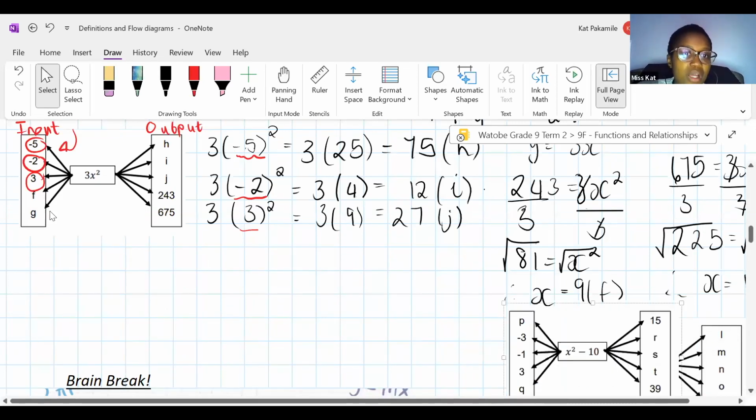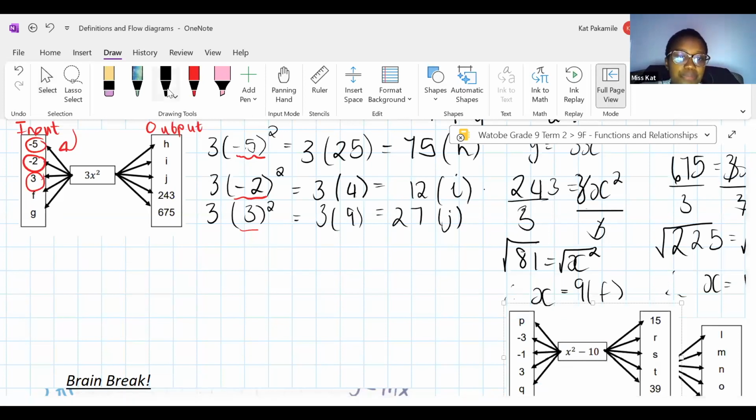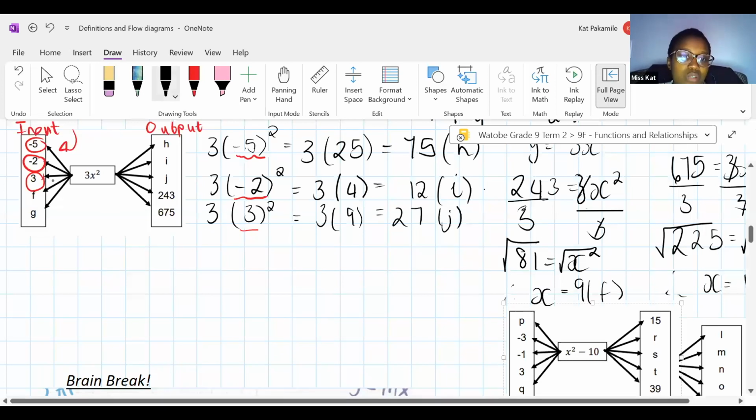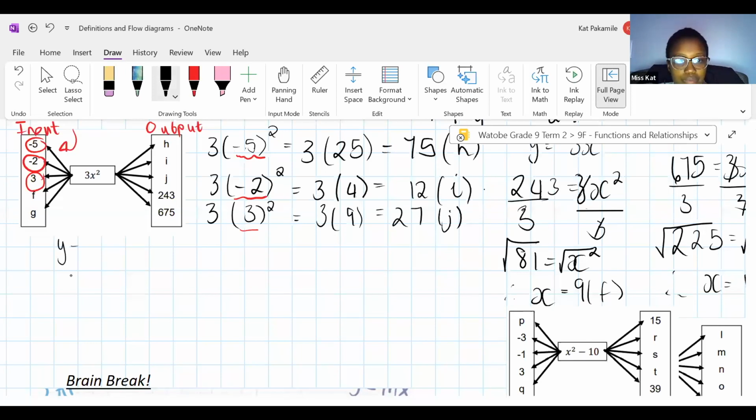Okay. So we're doing the opposite, right? Yes, ma'am. So if we had input, where did we substitute? Ma'am, by the output. No. But look at our formula over here. When we were given the input, which variable did we substitute in?